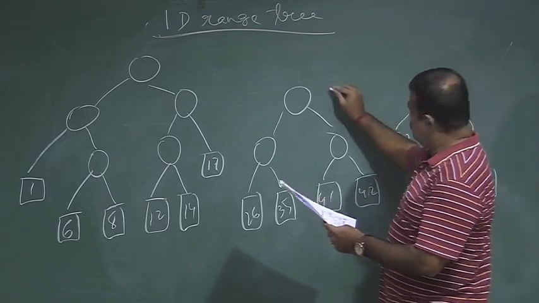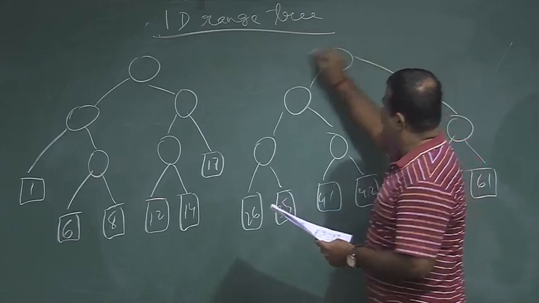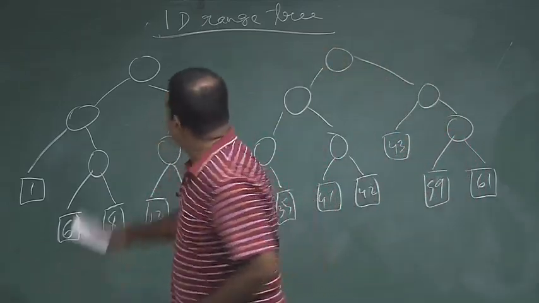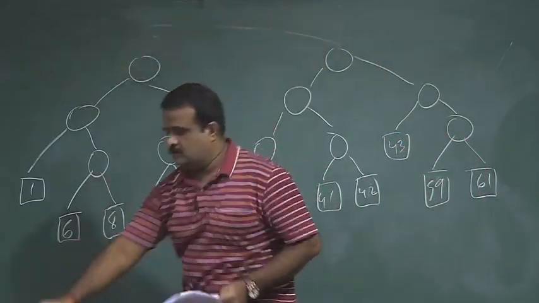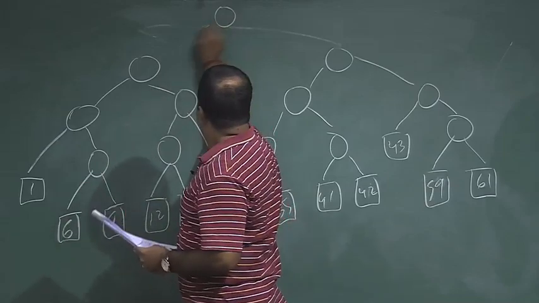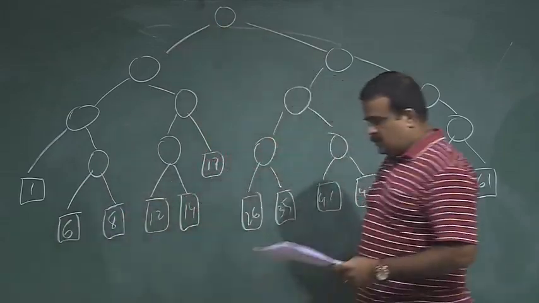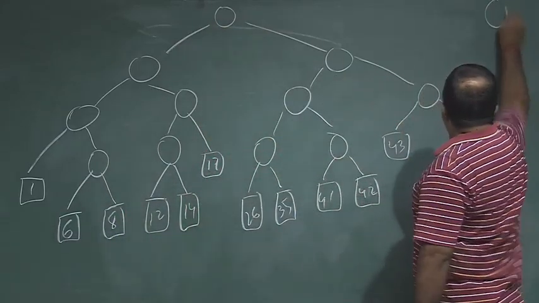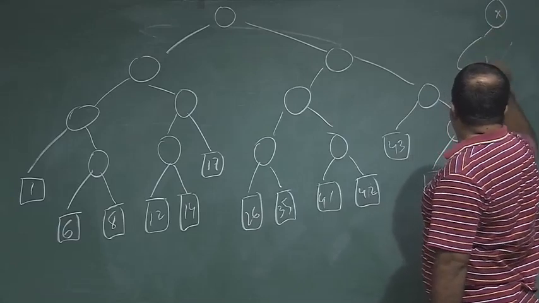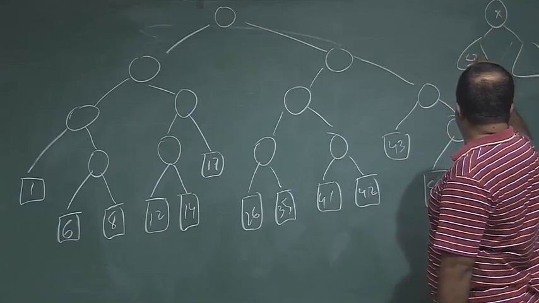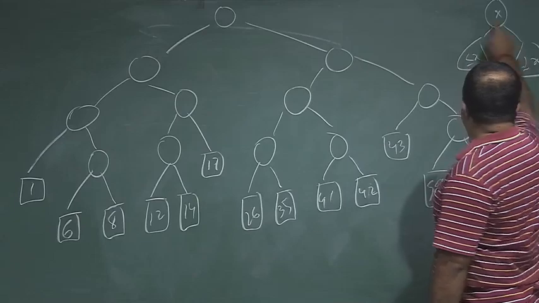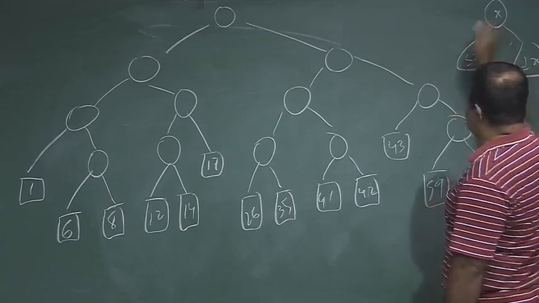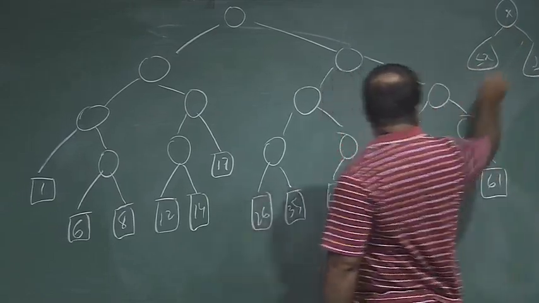Then at the top is the root. We want a BST. BST means if we take a node with key value x, all the key values in the left subtree are less than x, and all the key values in the right subtree are greater than x.